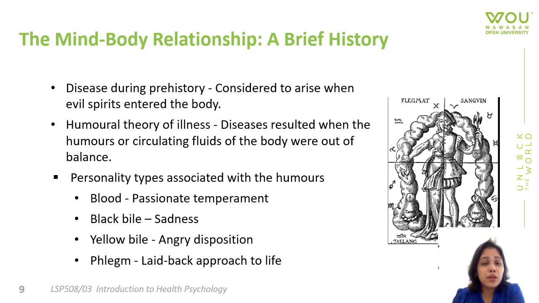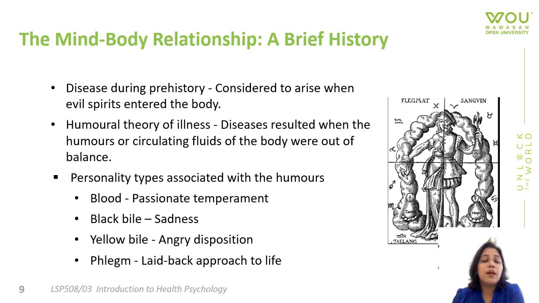And the theory explains that when there is an imbalance in these four fluids, that would result in some impairment in mental health. For example, when there is an imbalance of the blood level in the body, temperament issues can result from that.